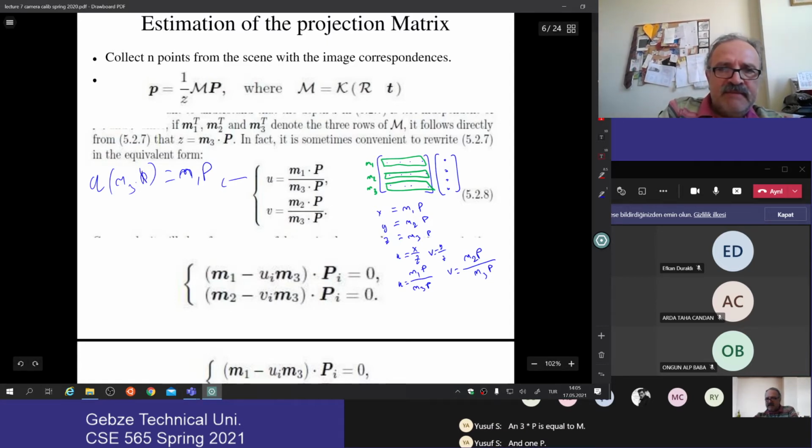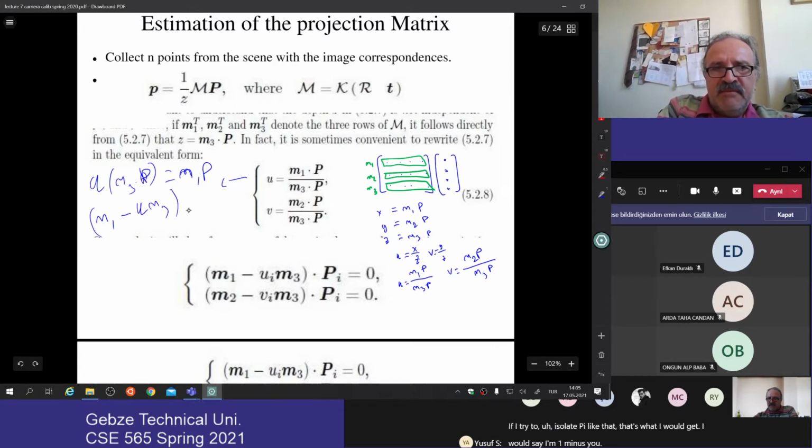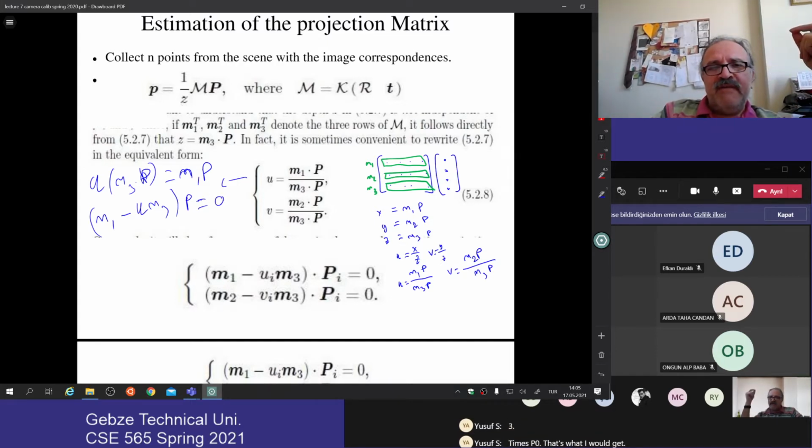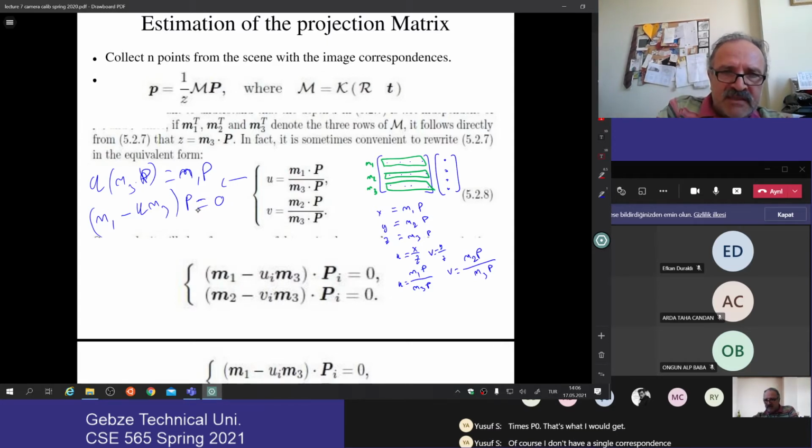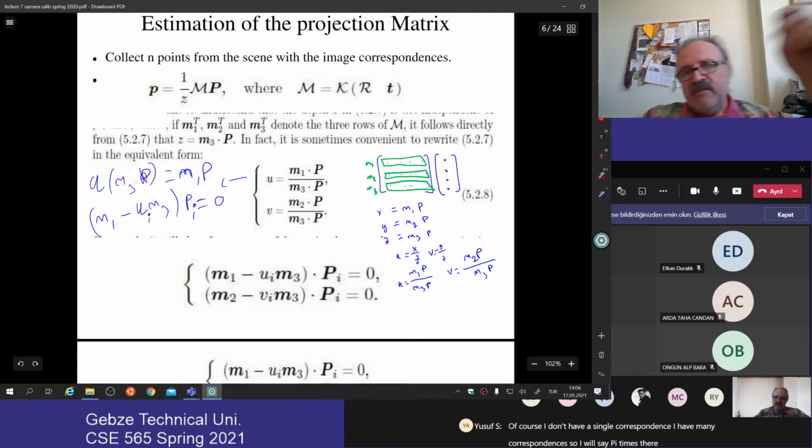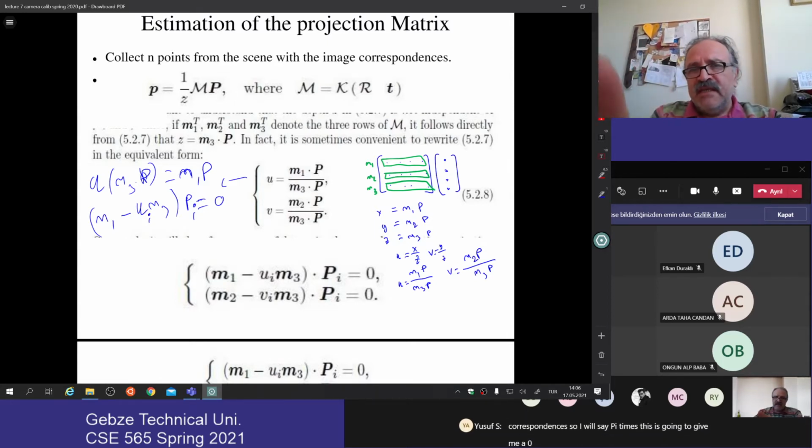So if I isolate Pi like that, I would say M1 minus U M3 times P is 0. Of course, I don't have a single correspondence. I have many correspondences, so I will say Pi times this is going to give me a 0. So for a single correspondence, I get two equations.